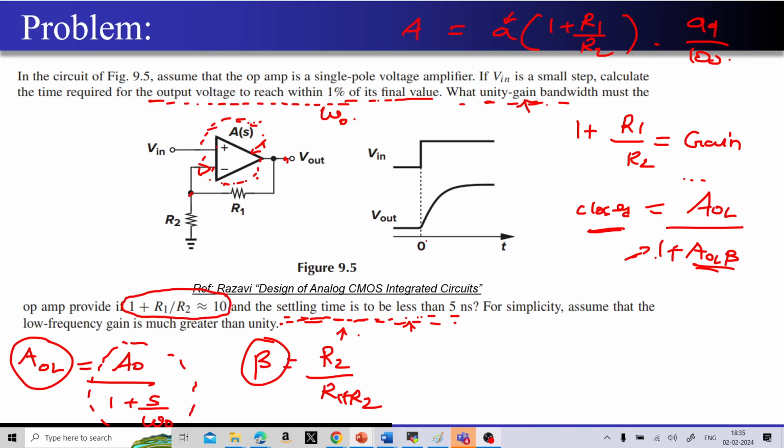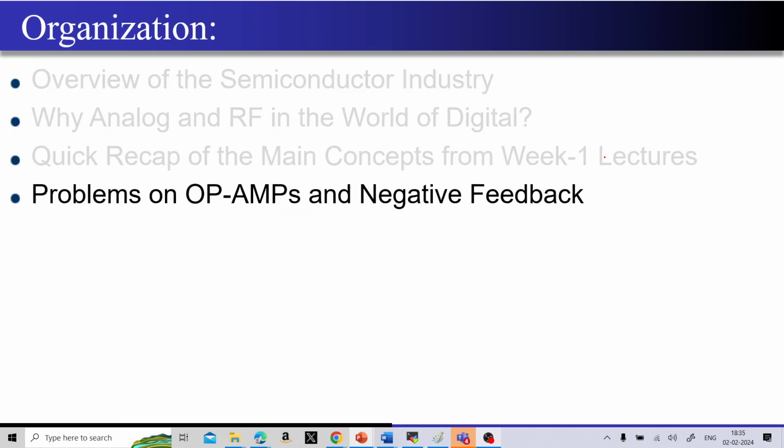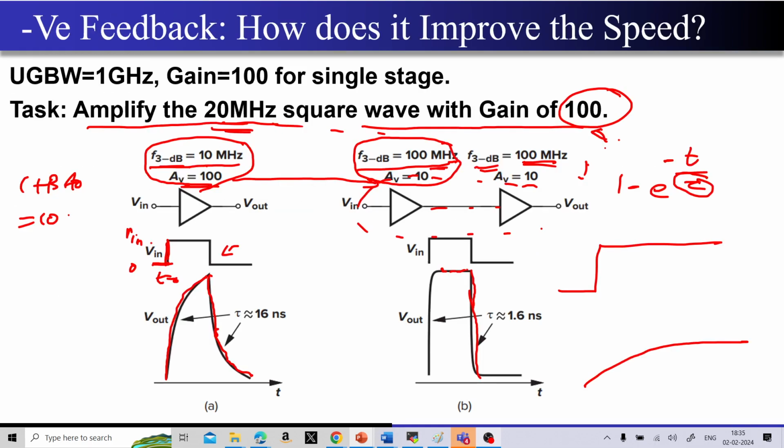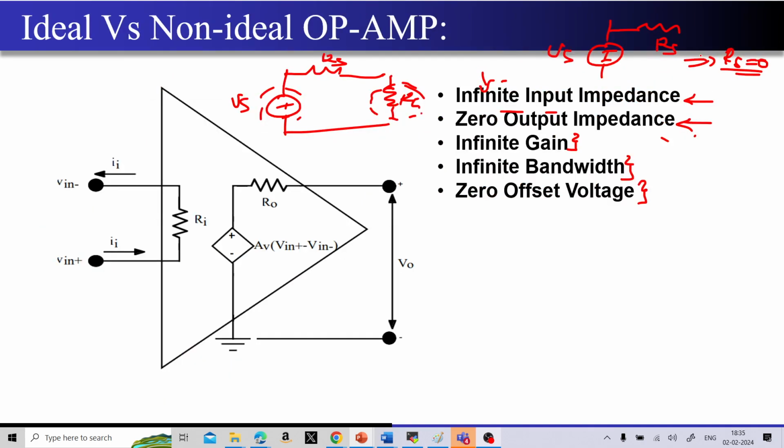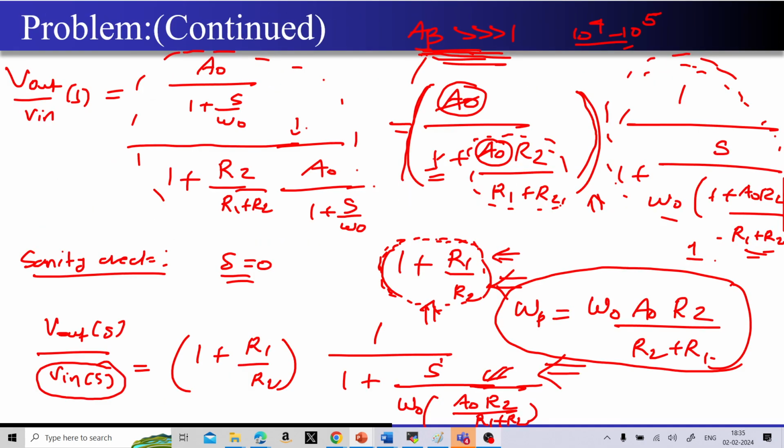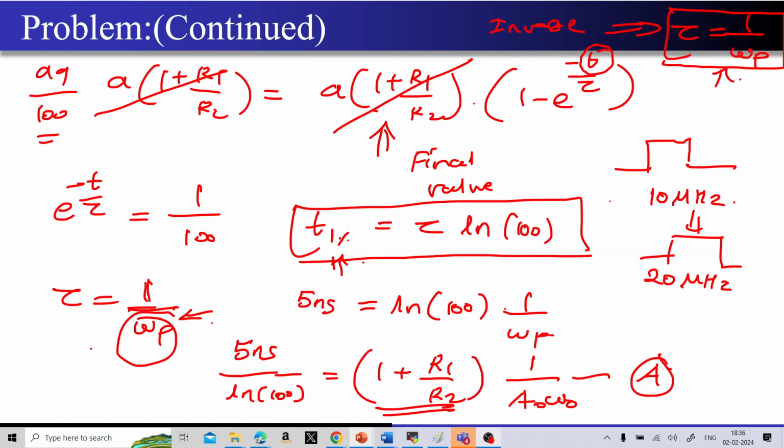And what they are asking is to calculate the unity gain bandwidth product. Right? So we have already seen that the unity gain bandwidth, A_CL into omega_CL, is always equal to A_OL into omega_OL, given that this is only a one pole system. And in the question, they have given it as a one pole system. Right? So now this value is already 10.